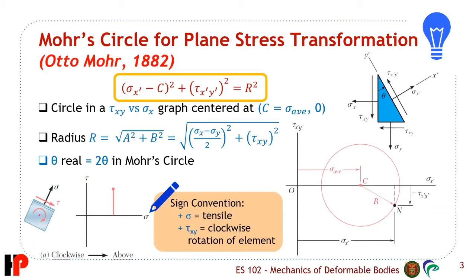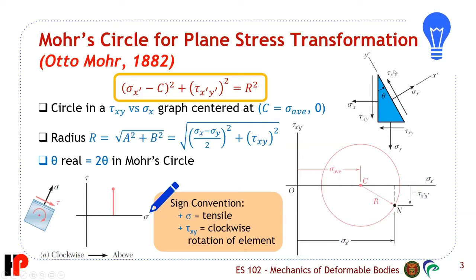So, para hindi nakakalito, para pare-pareho tayo, we will use tau x prime y prime na positive upwards, pero from the state of stress like this, you will be able to know if it plots upward if it causes a clockwise rotation. So, clockwise, pag ganyan, magiging point upwards. Kapag counter, it's below the horizontal axis.